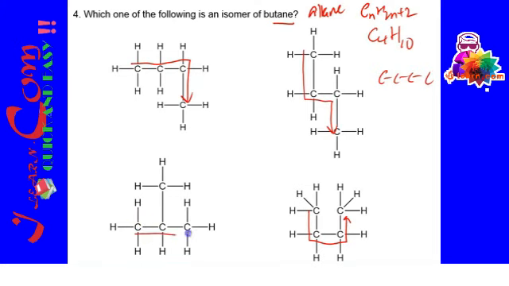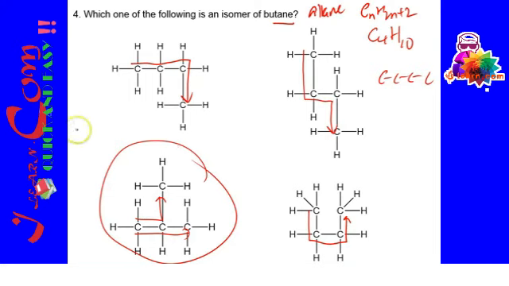Next one, 1, 2, 3, or 1, 2, 3. This is a different form of these three, same compounds here. So this is the isomer of butane. It is also C4H10, same molecular formula, different structural formula. Okay?